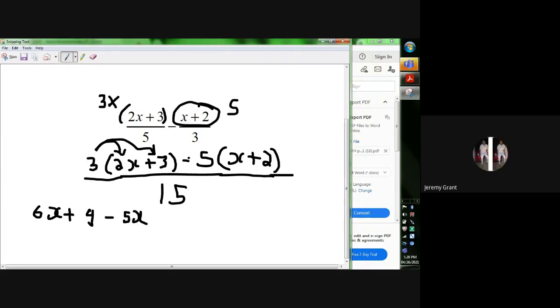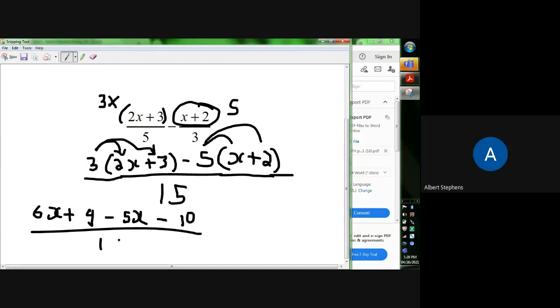All right. And negative times a positive will give us a negative. So 5 twos is 10. Some persons might just drop down the plus sign, but that's not what we're doing. We use the rules of multiplication for this. And then we put all that over 15.